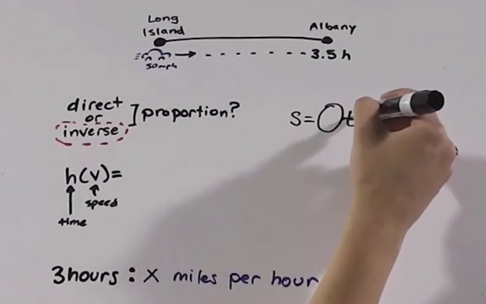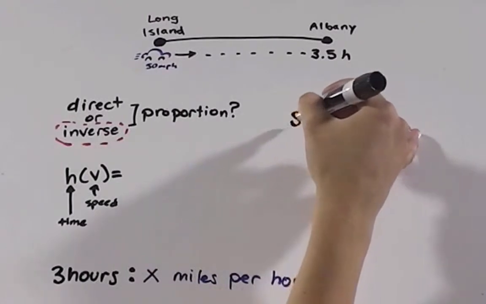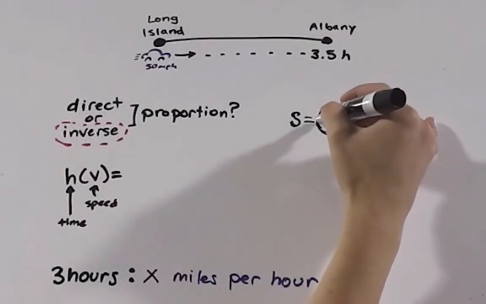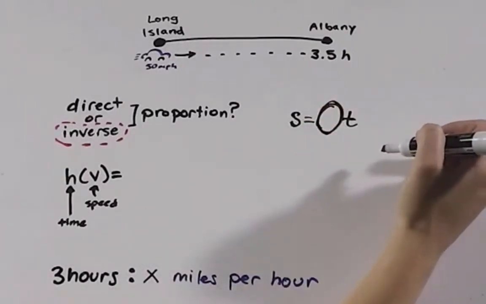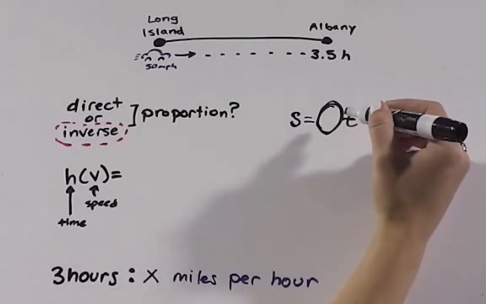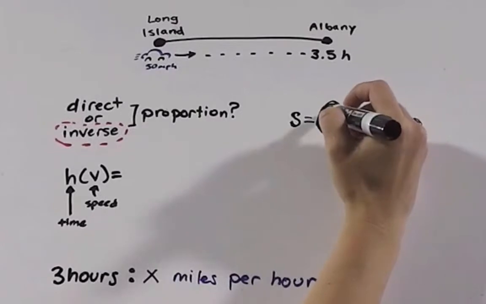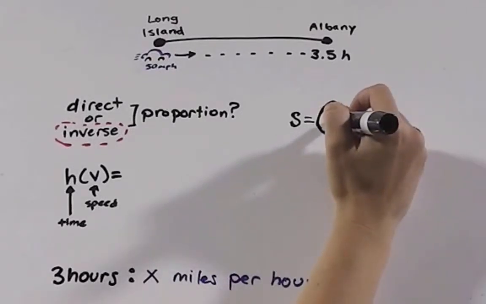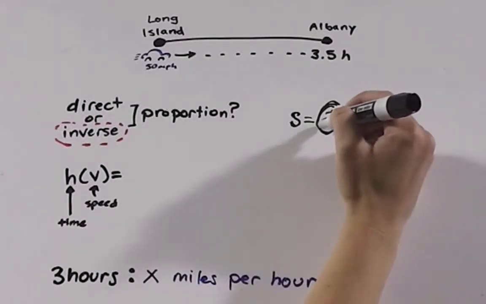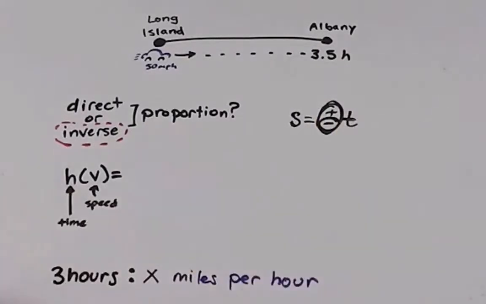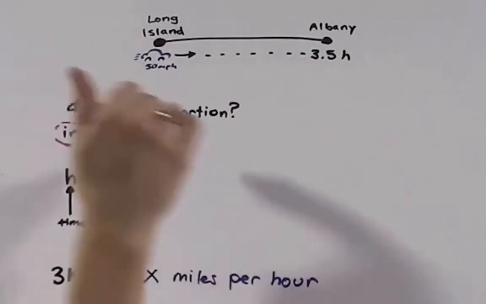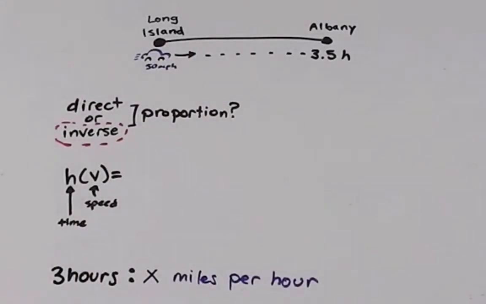So if t changes in a certain way, s has a predictable way that it's going to change, and that rate of change is this proportion, this mystery number. If you're looking at a direct proportion, this value will be positive. But if you're looking at an inverse proportion, this value will be negative, because then as time gets bigger, this value will become more negative, so speed will get smaller. Just to review, that's what it would look like if we were writing up a proportion.